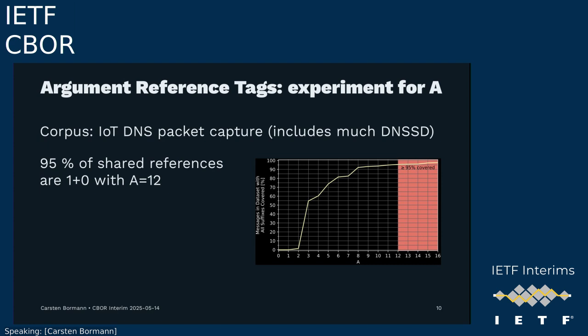So the last check we did, or Martin did, and I see Martin is actually there, was: what does our data say for A, for the number of shared item references. Of course, depending on the complexity of the data, you want to be able to use a lot of shared item references.